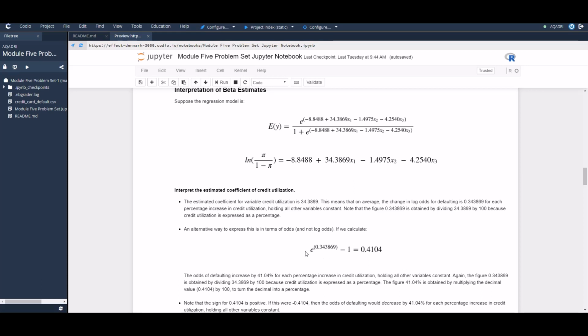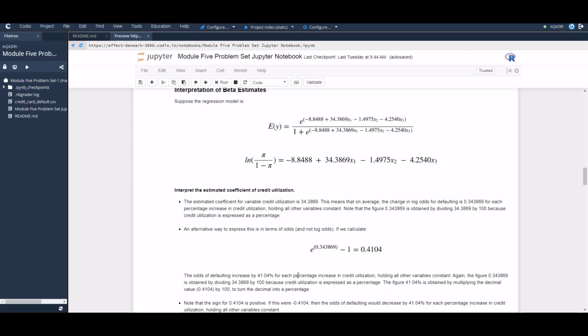If you do this calculation for any betas, for example in this case, it gives you 0.4104. And what we have done now is we've expressed this in terms of odds. So this is plus 0.4104. What this means is that the odds of defaulting increase by 41.04% for each percentage increase in credit utilization, holding all other variables constant.